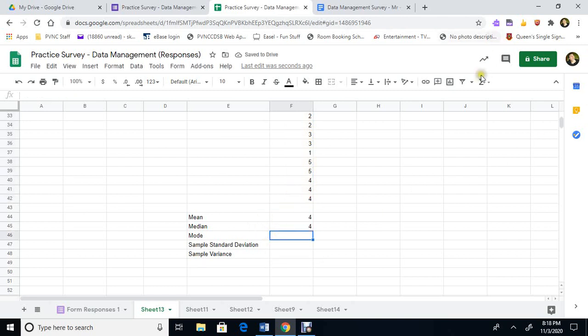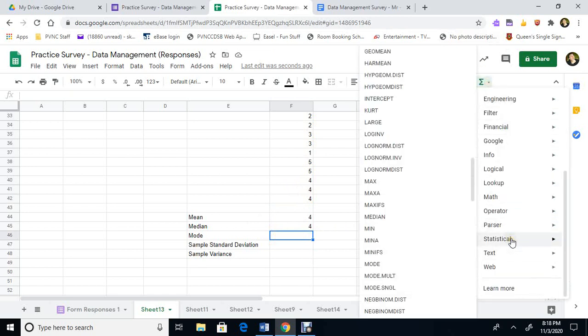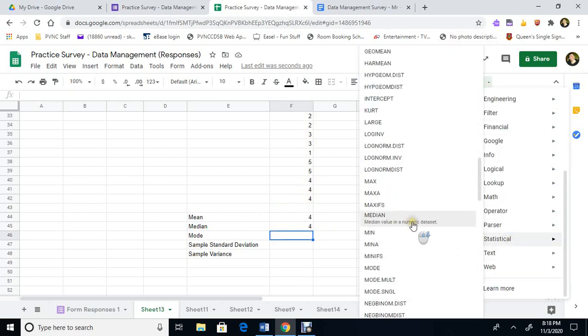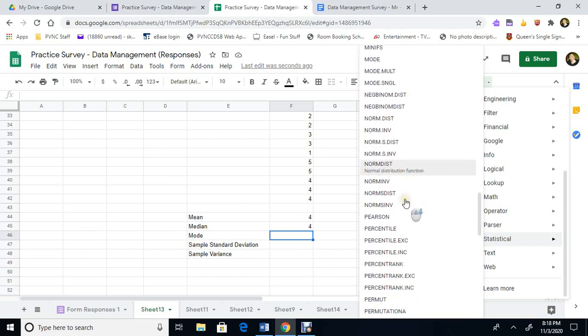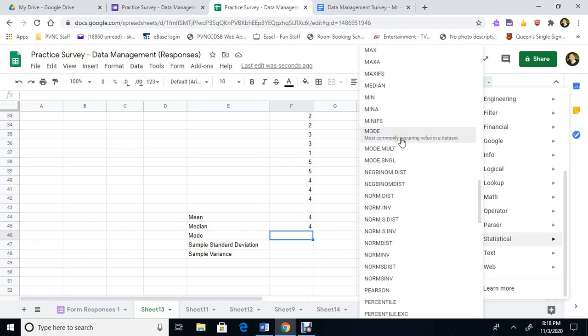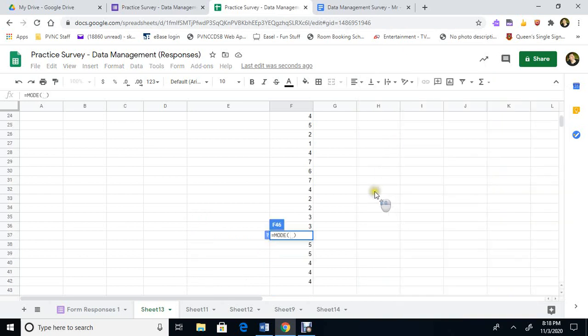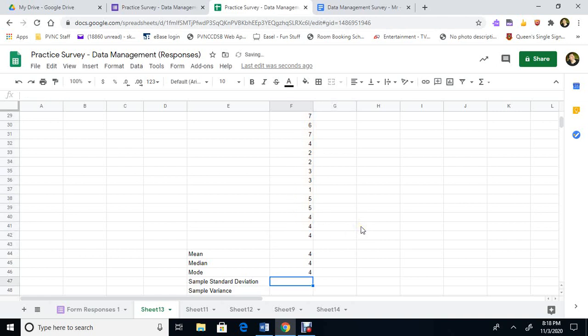Now we'll go to the mode. Again, we go to statistical analysis, and we find the mode. There's the median, J, K, mode. Then we highlight all the way down and hit enter. Oh, the most frequent number is also 4.